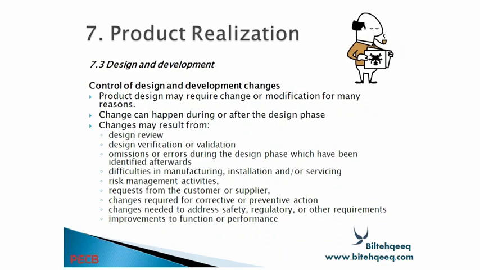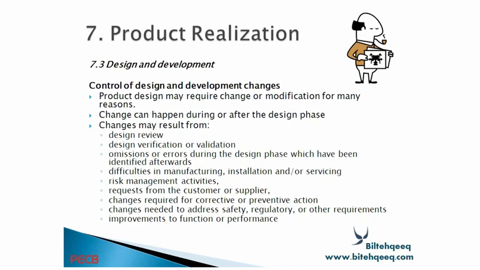Control of design and development change. If there is any change in design, it also needs to be documented. A product design may require change or modification for many reasons. Change can happen during or after the design phase. Change may result from design review, design verification or validation, omission or errors during the design phase which have been identified afterwards.